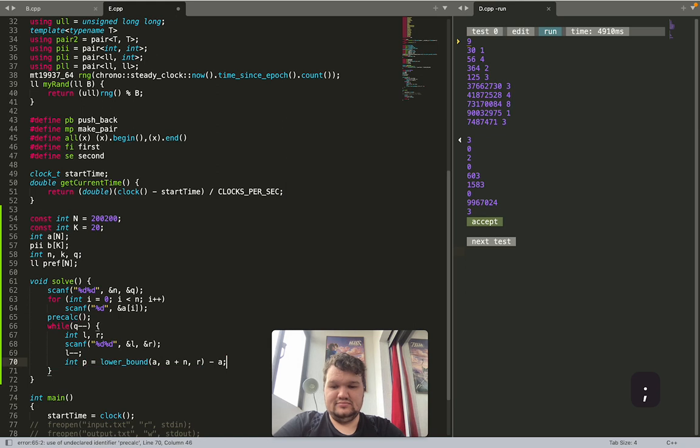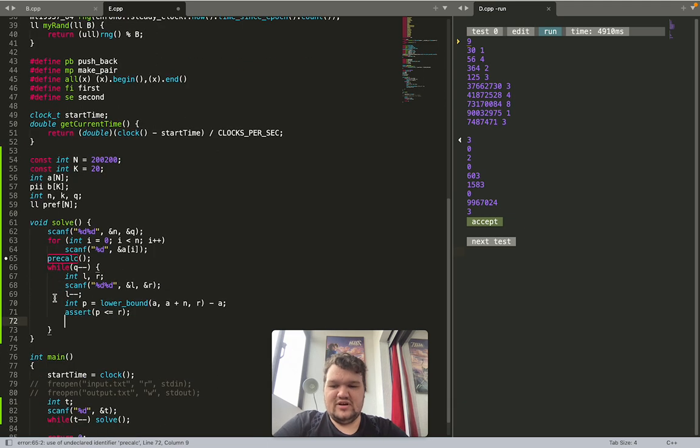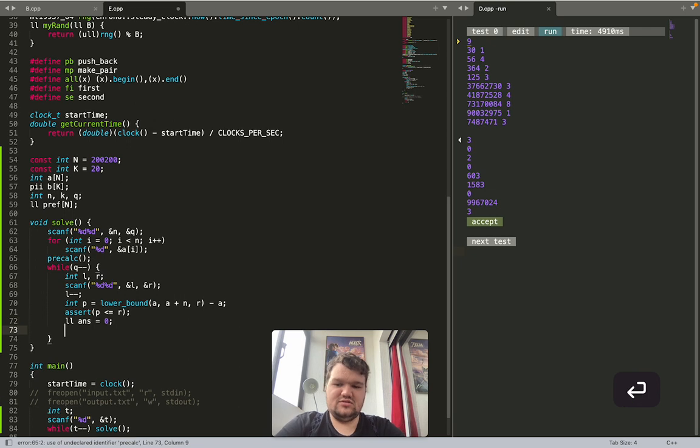So A of P is at least R, but A of P minus 1 is strictly less than R. Assert that it is at most R. So from L to P not inclusive, I want to calculate the area under the stair, and from P to R I want to just take the whole square. So I'm calling ans 0.